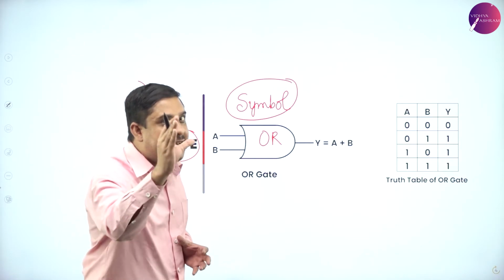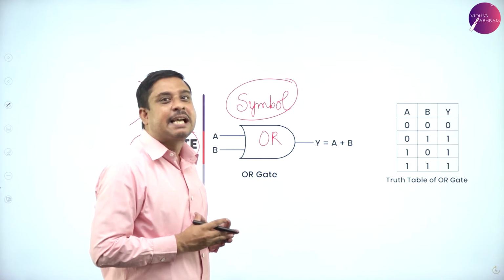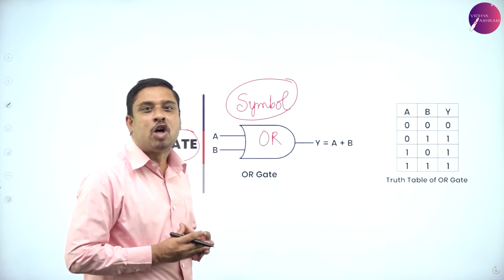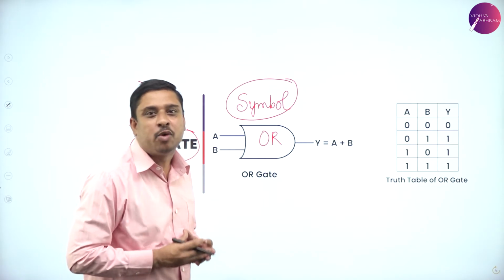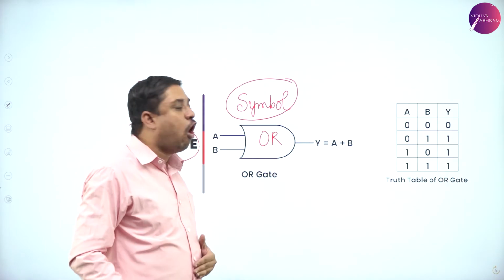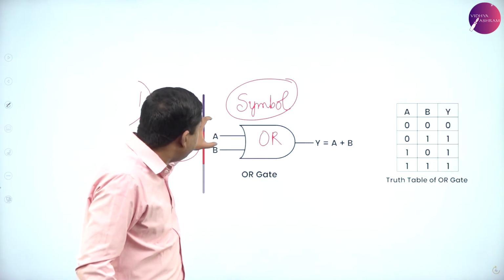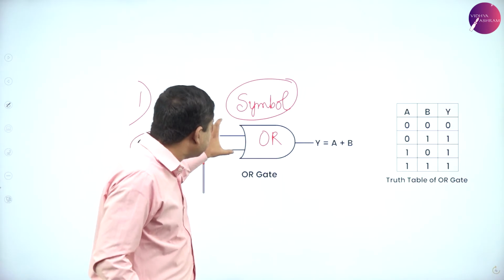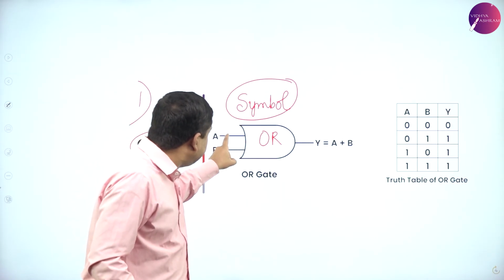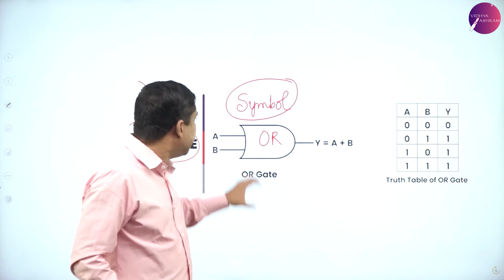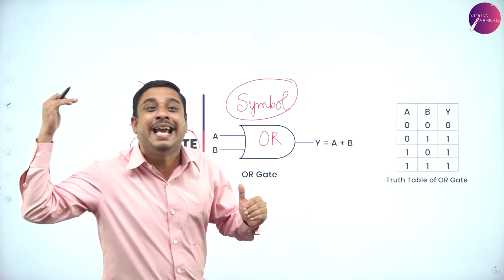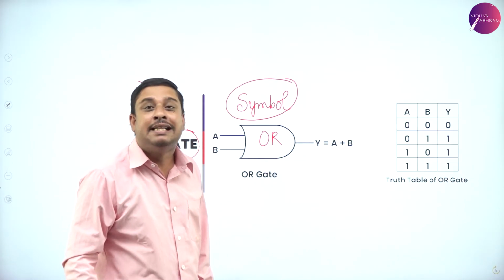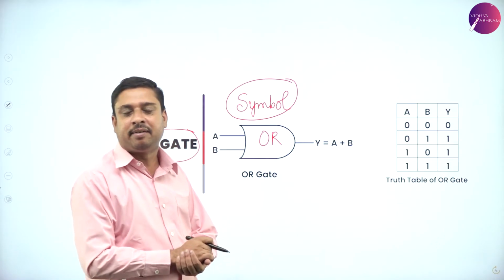I told you any logic gate is constructed using only the two logic levels 0 and 1. So this is the OR gate. If you observe the symbol, there are two inputs here, A and B, called the inputs to the gate, and Y is called the output of the gate.